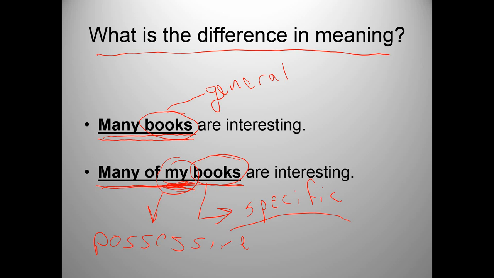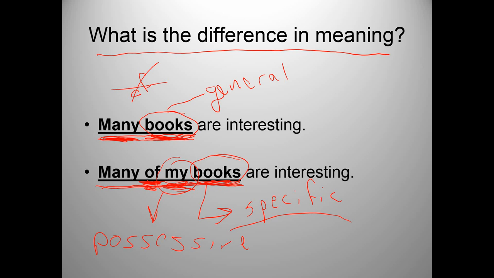So, if we're talking about when do I use of and when do I not use of with the word many, here's the rule. If the noun is general, like books in the first sentence, then we do not use of. When the noun is specific, I need to have the word of.